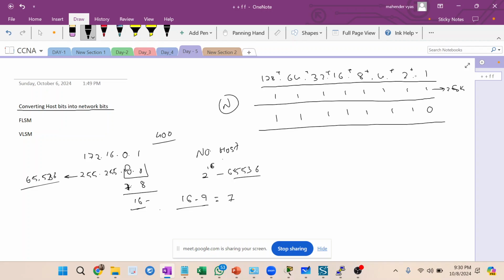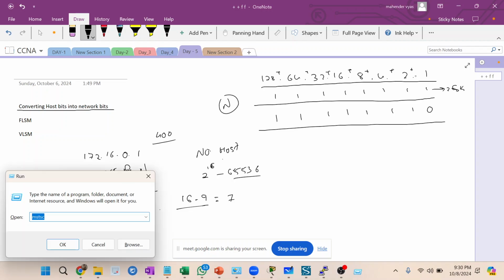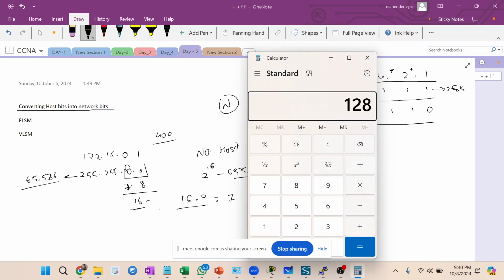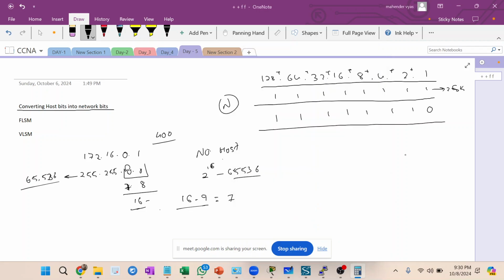How much would it be? 128 plus 64 plus 32 plus 16 plus 8 plus 4 plus 2. It is 254, right?